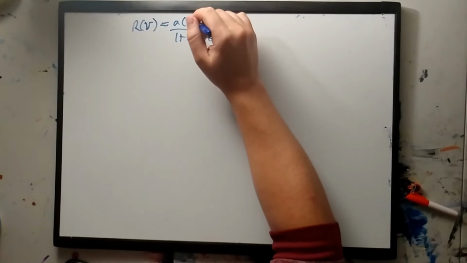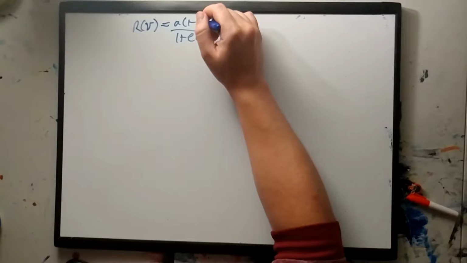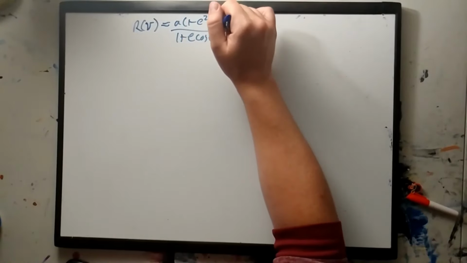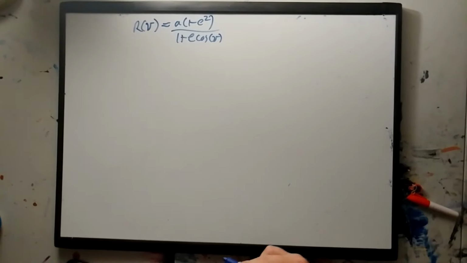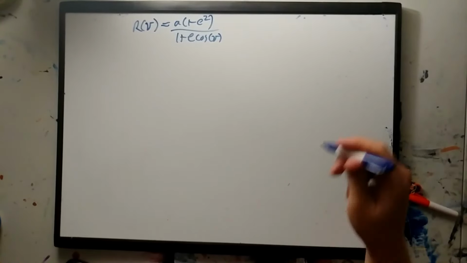So e is our eccentricity, a is our semi-major axis, nu is our true anomaly, and r is the distance from the center of the Earth to our spacecraft.